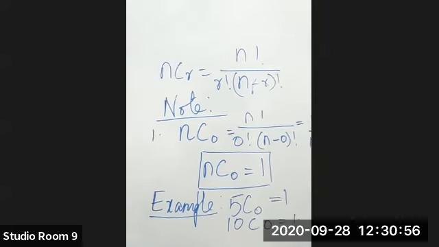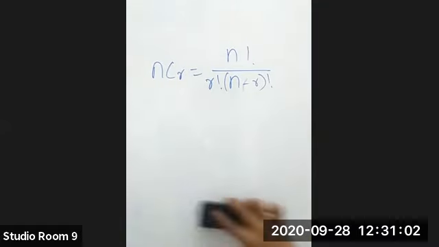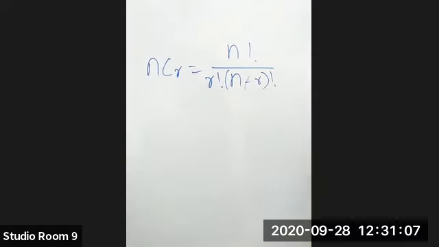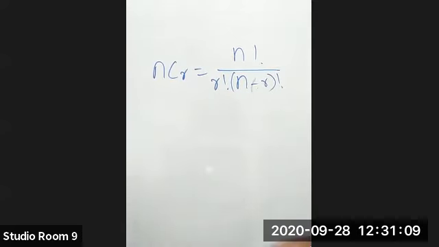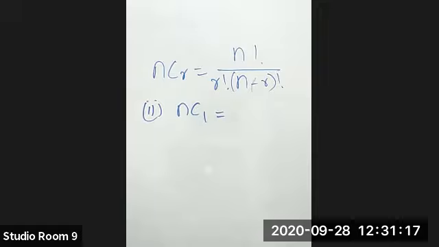Okay, so this is the first one. Write the next one. Calculate the second one. What is NC1? 1. How will you get 1?